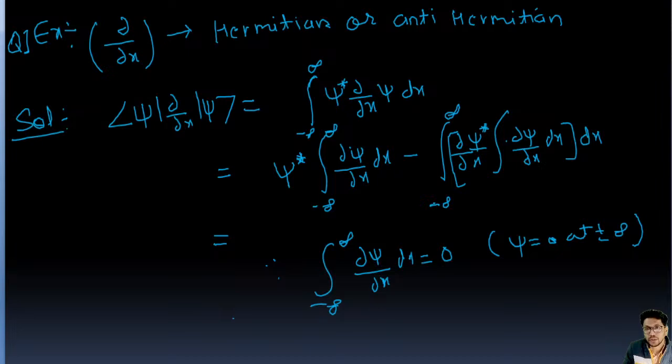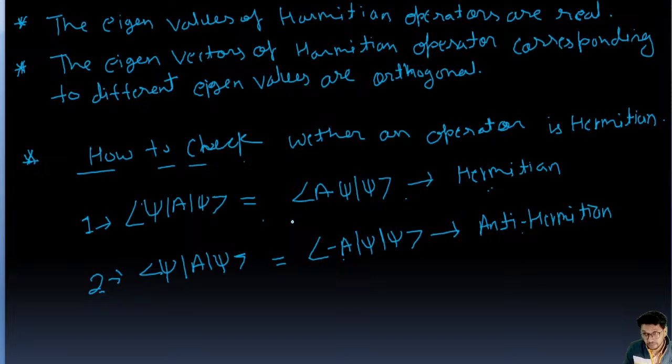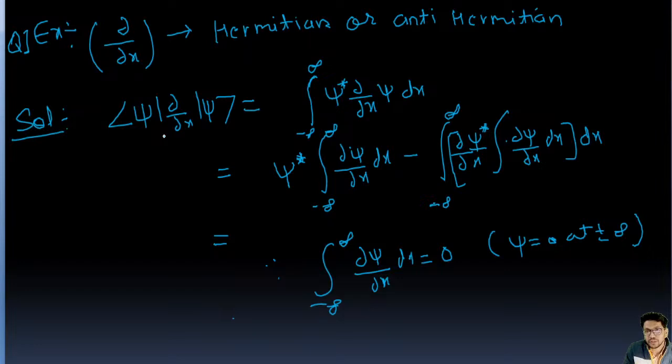If the operator is a Hermitian operator, then the operator must satisfy this property. If it is anti-Hermitian, then the operator must satisfy this condition, right? What we have done is, this is the operator, and we try to find the value of this, and we solve it, and finally we got this value, right?